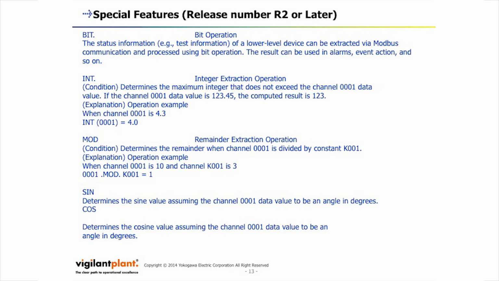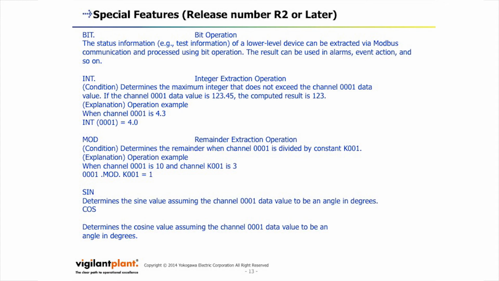Special features, I'll just touch on just a little bit. We're not going to have a separate video on each one of these, but there's a bit feature. These came along with the release 2 of the GX firmware. This just returns some lower level status from the Modbus. If you're looking to see if a bit from a third-party device, which is an alarm or something, is true, you can do a bit operation and bring in that value. The integer is a nice feature that's been used a couple of times.